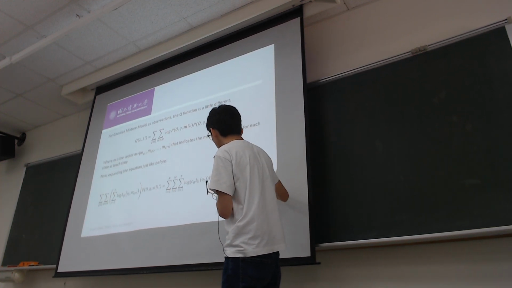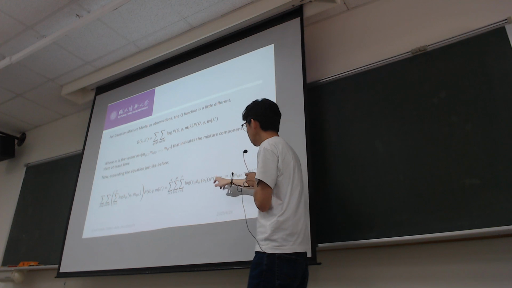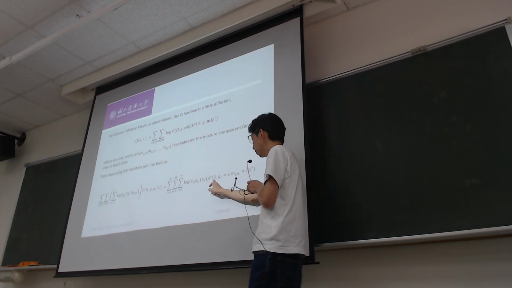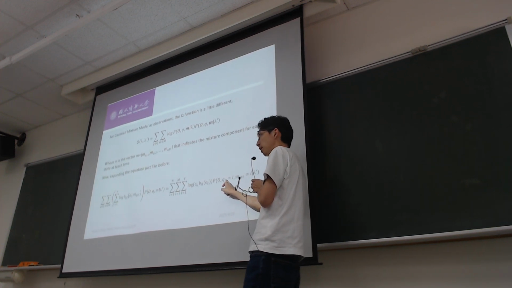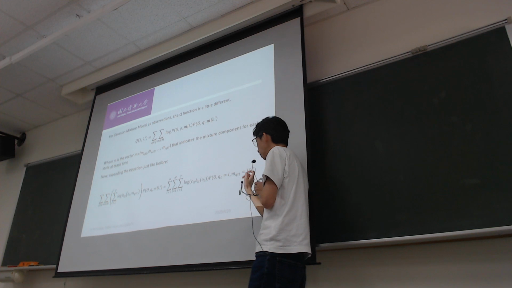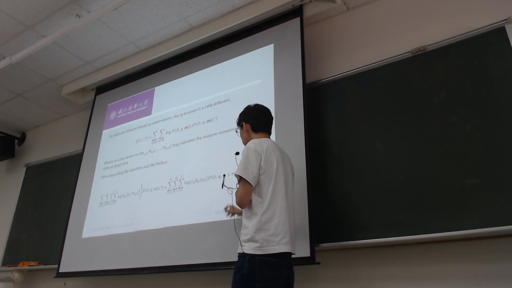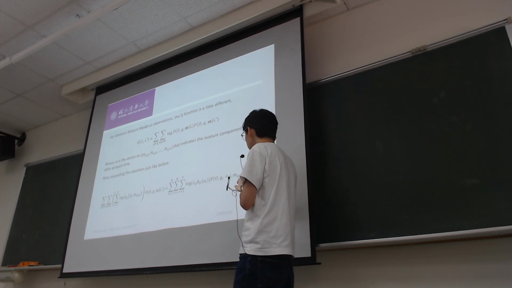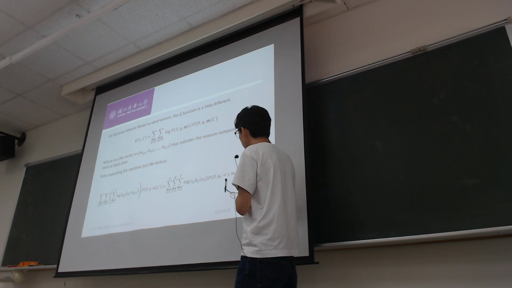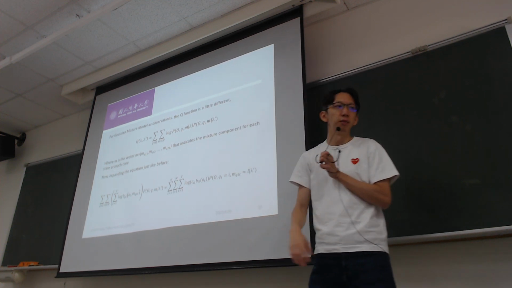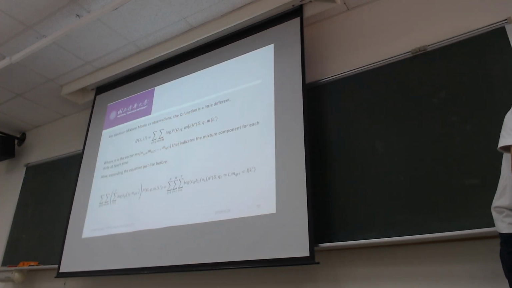Multiply by this term: under the guess model, for the observation sequence, at time t you're in state i, and the mixture variable is in mixture l under the current model.